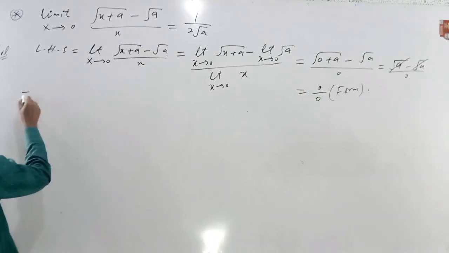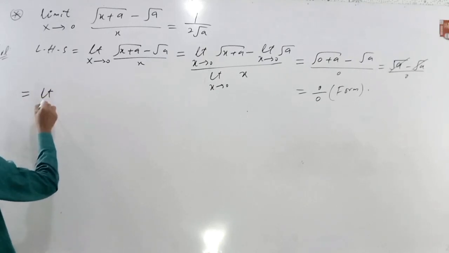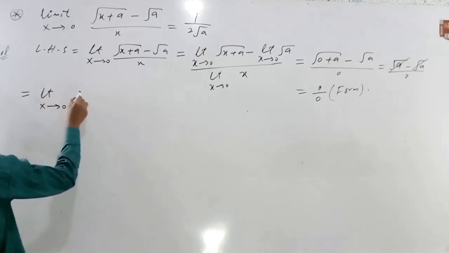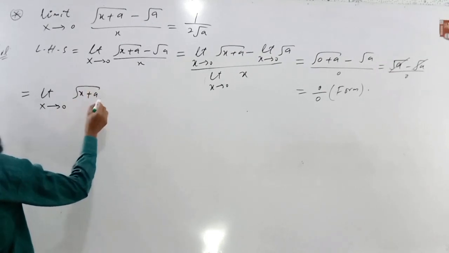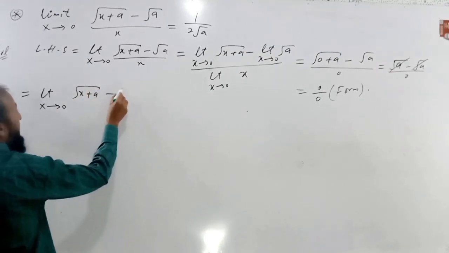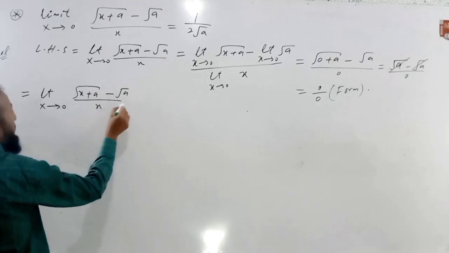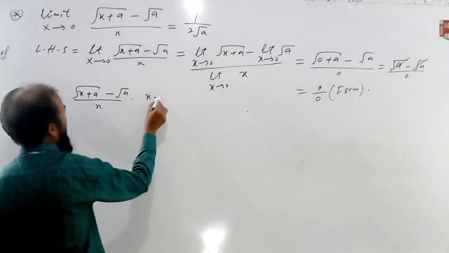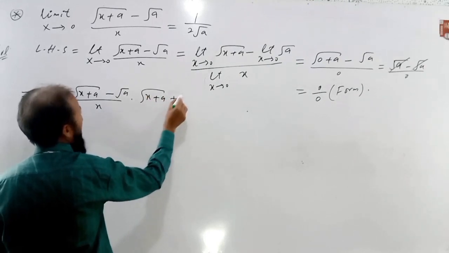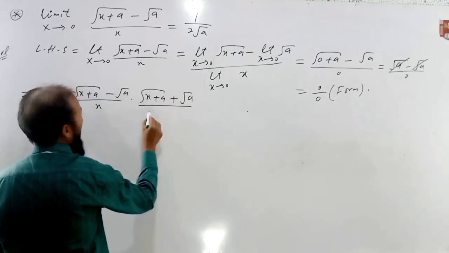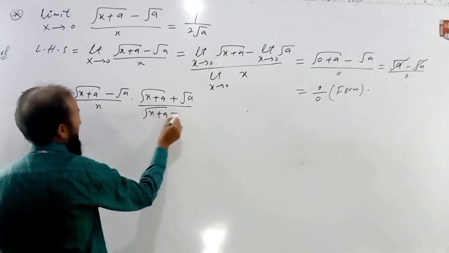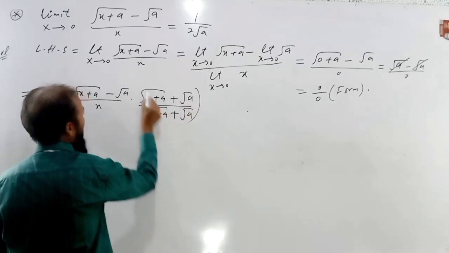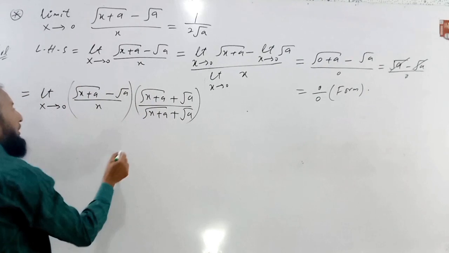Now here we are applying the rationalization method. Limit x tends to 0, square root of x plus a minus square root of a divided by x. We take the conjugate of this term, square root of x plus a plus square root of a, multiplying and dividing by the conjugate.